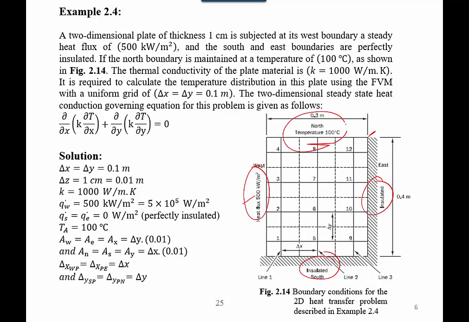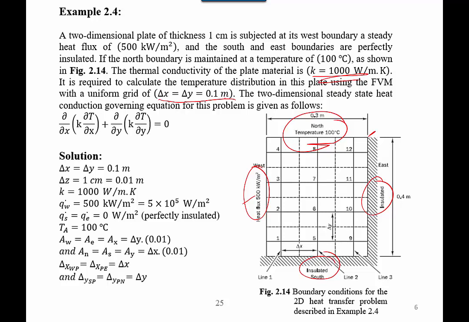If the north boundary is maintained at a constant temperature of 100 centigrade as shown in figure 214, and the thermal conductivity is constant, equal to 1000 watt per meter Kelvin, it is required to solve this problem and calculate the temperature distribution in this plate using the finite volume method with a uniform grid of delta x equals delta y equals 0.1 meter.